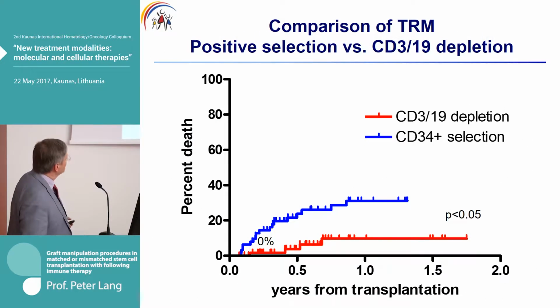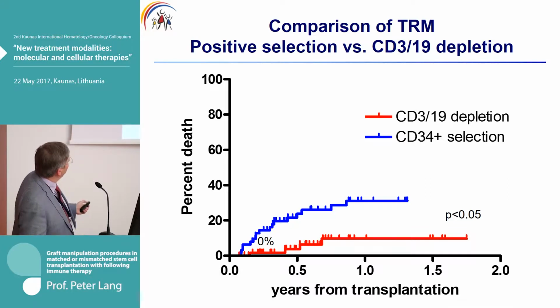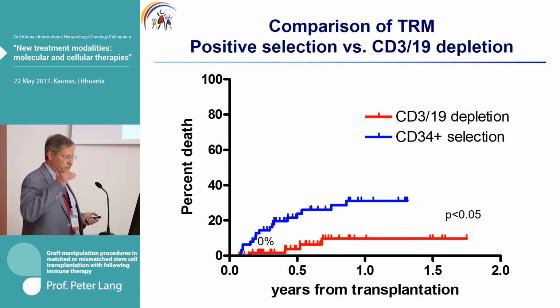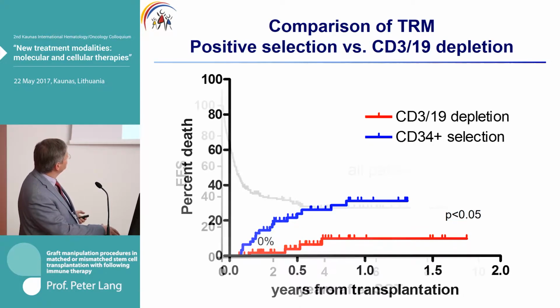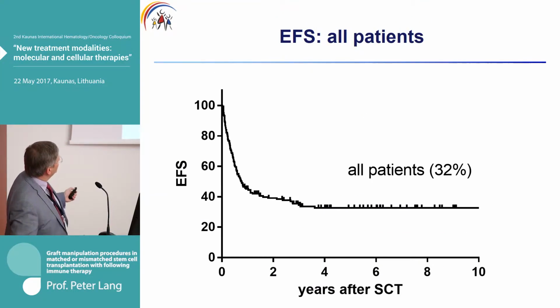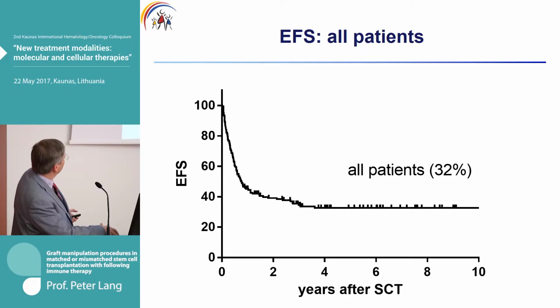This is a comparison of the transplant-related mortality between positive selection and CD3, CD19 depletion, and we found a significant reduction of the TRM, probably due to the better immune recovery. This is the event-free survival of all patients with various diagnoses, I have to say.